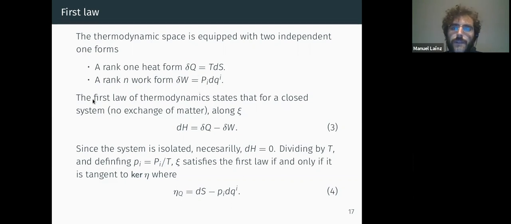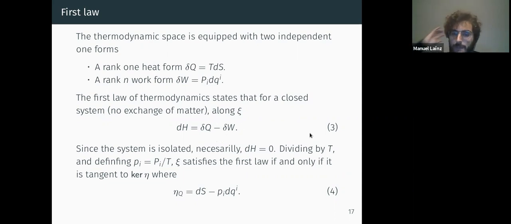The first law of thermodynamics says that for a closed system, which is a system with no exchange of matter, and ours is, because it does not exchange matter or energy, along the process we need the variation of the energy to equal the heat minus the work.